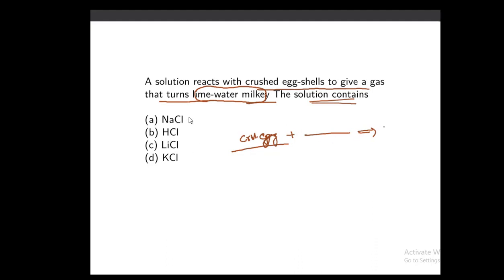Here NaCl is neutral, potassium chloride and lithium chloride are not acidic. HCl is acidic. So HCl is the answer.